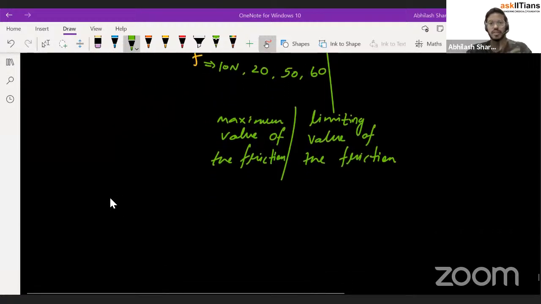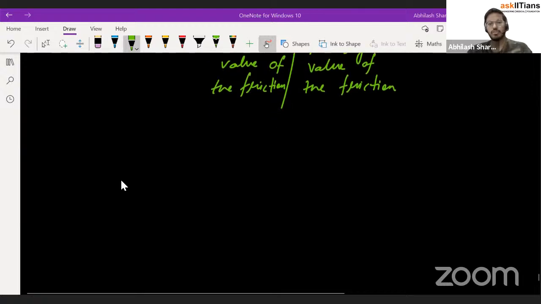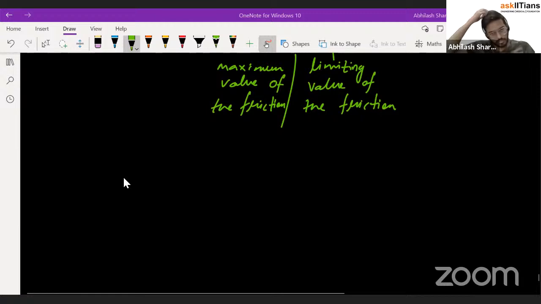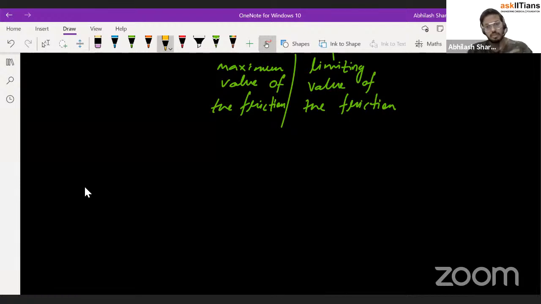Now we are learning what affects the value of friction, especially the maximum value of the friction. Again, we should try to learn it from our experience. Every formula that you see in physics has come out of some thinking, which you are also able to do. You can actually do that.